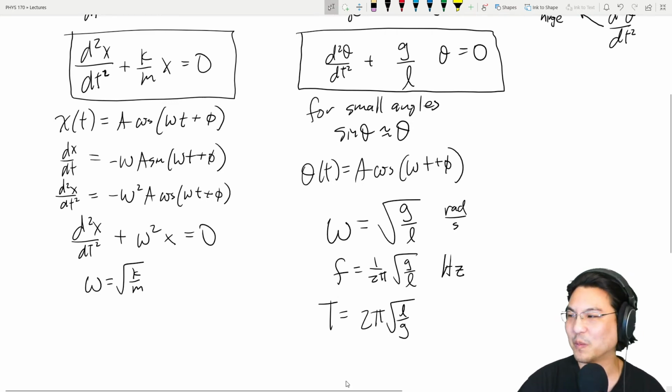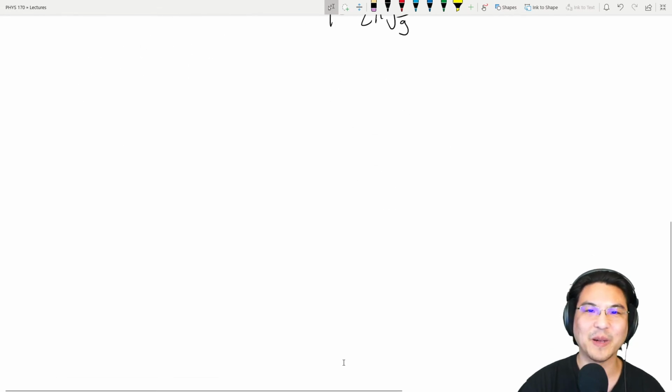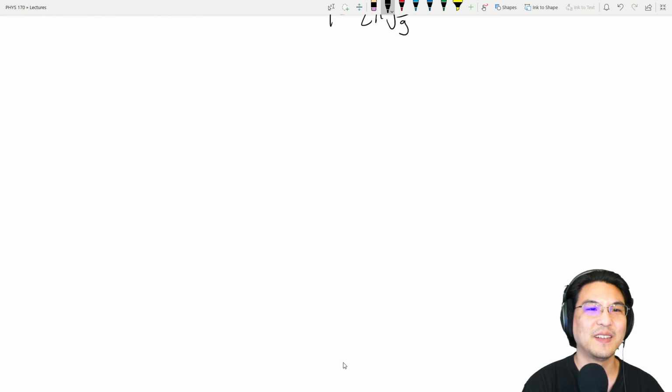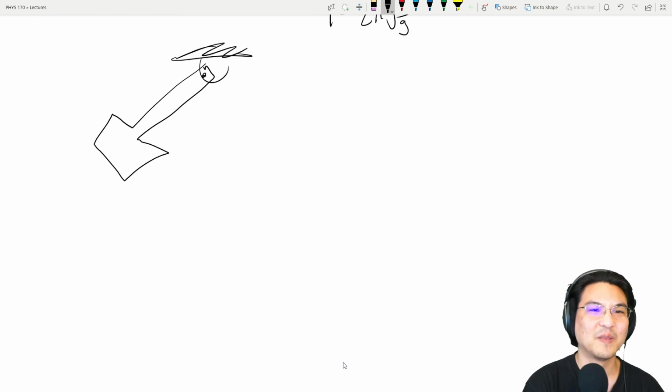Okay, let's try one more example. How about instead of just a mass on a string, let's say here's your prototype wind turbine blade that is at some angle theta. Let's say theta is positive going clockwise.